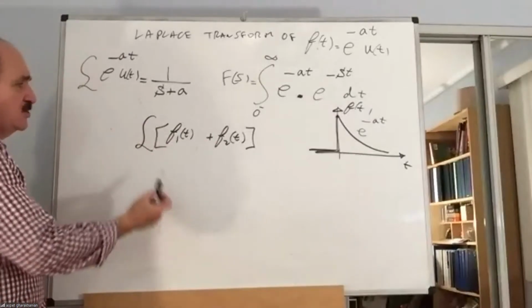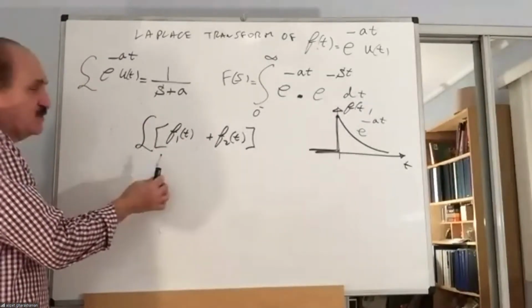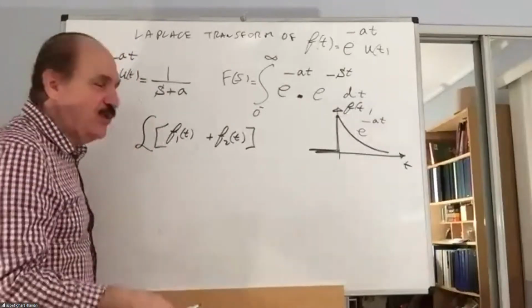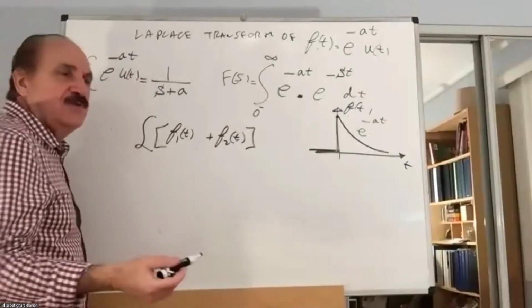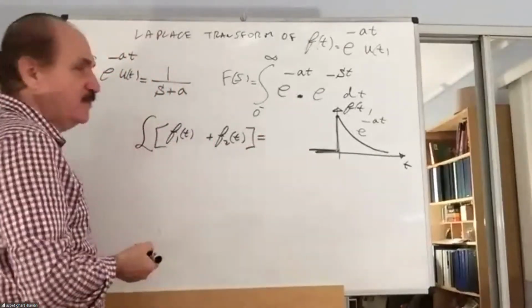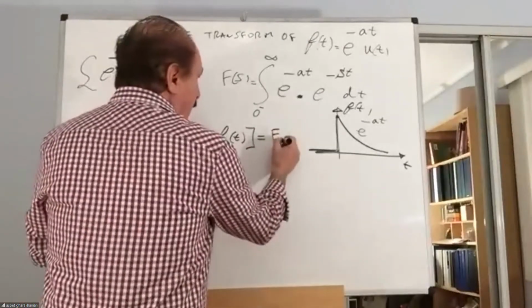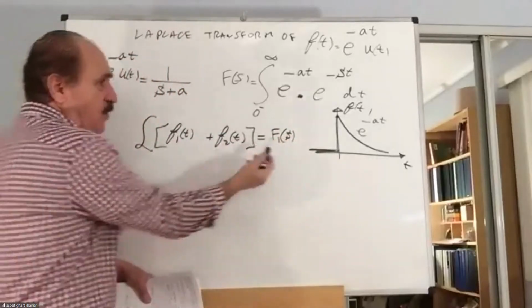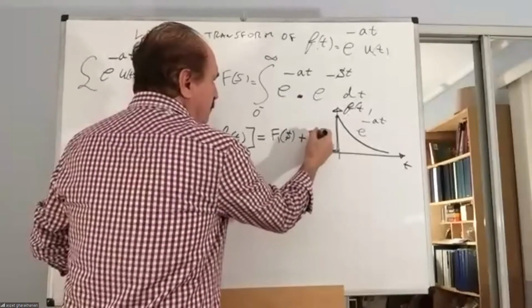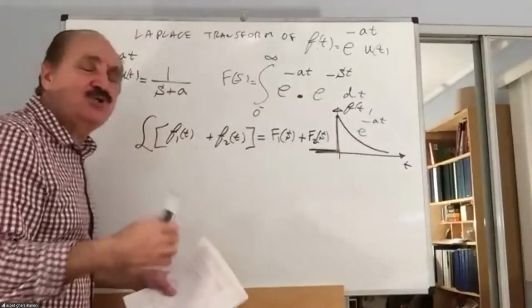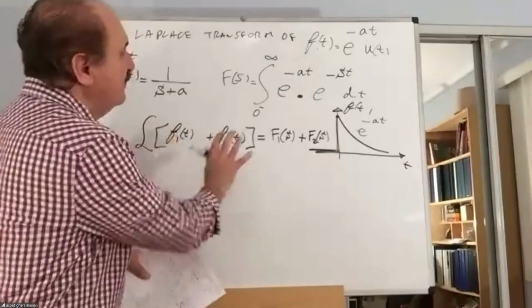What will be the Laplace transform of two independent functions superimposed on each other? This is the superposition. It will be F1 of s plus F2 of s. All you have to do is take the Laplace of one and add to the Laplace of the second. That's it. So they can be treated individually.